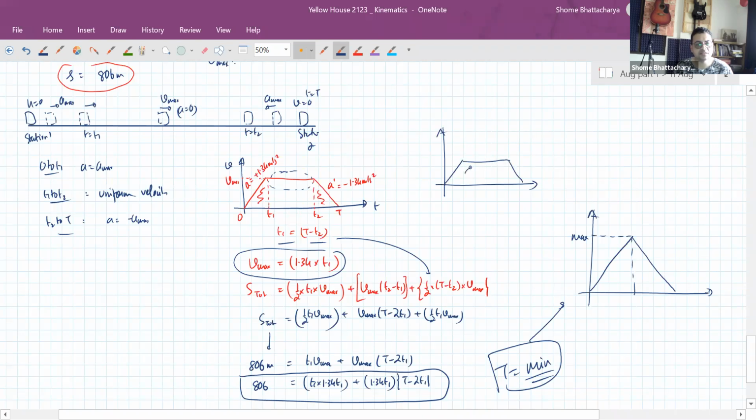So one version is like this. This total area is whatever, 806 meters. Now imagine another version where it accelerates for a longer time, but the total area is the same. Okay, so the total time will become less now.